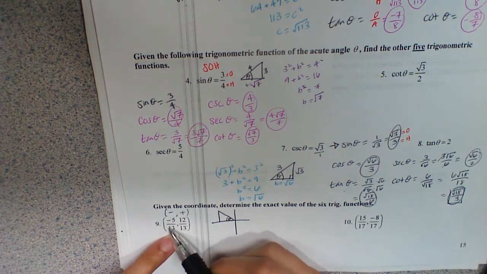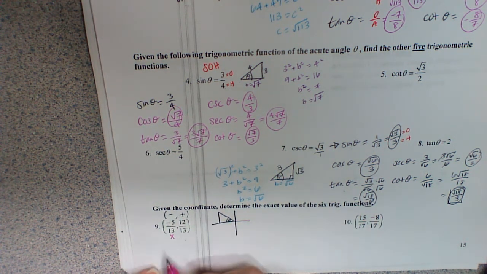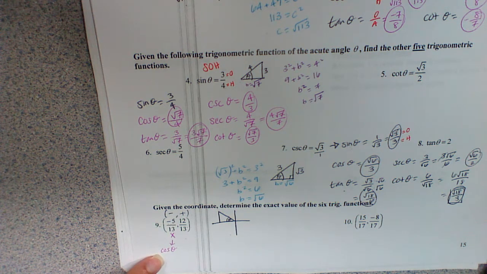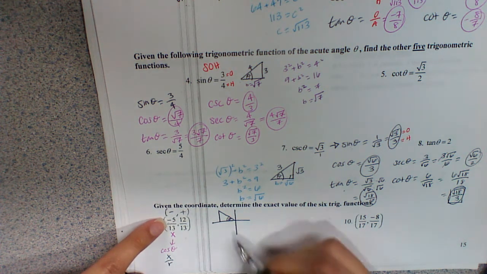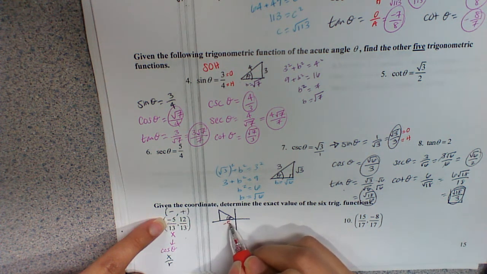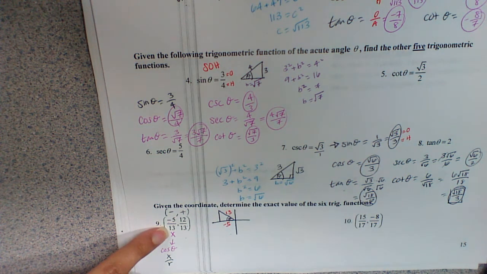If I know that my x value is typically cos of whatever angle, and because we're not talking about the unit circle, if you go back to the top of this page, we determined that cos is in general x over r. So if I follow that, then on my triangle x will be negative 5, and r is 13, which is kind of nice.